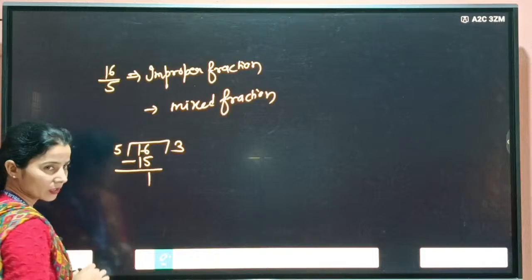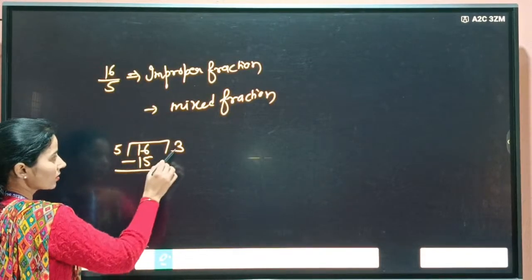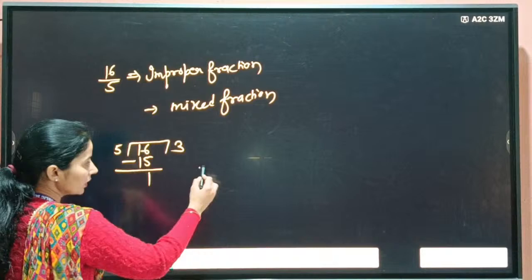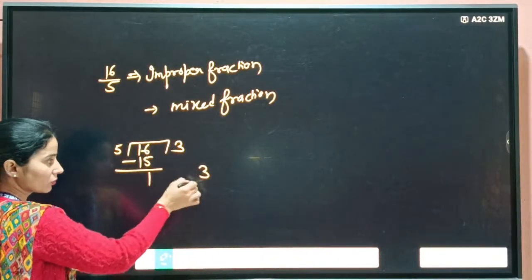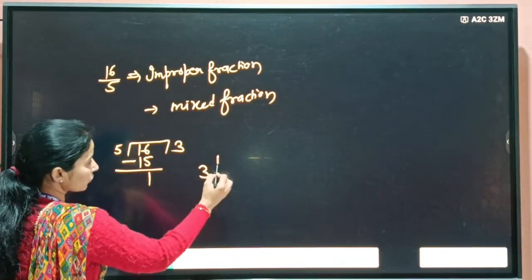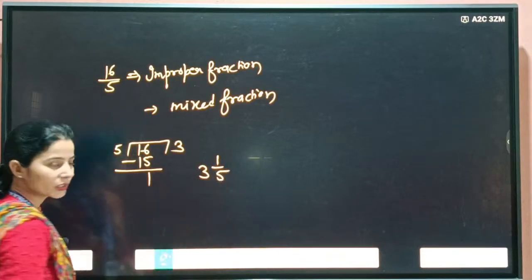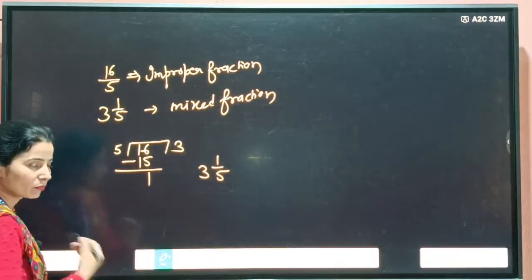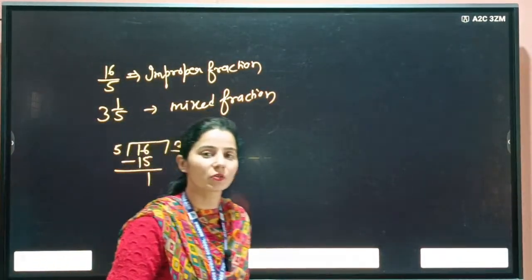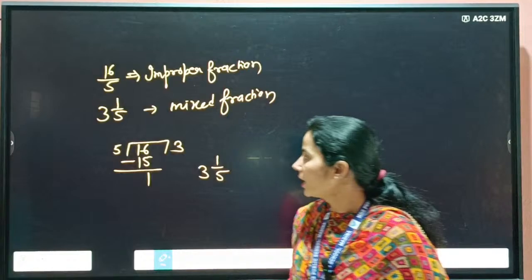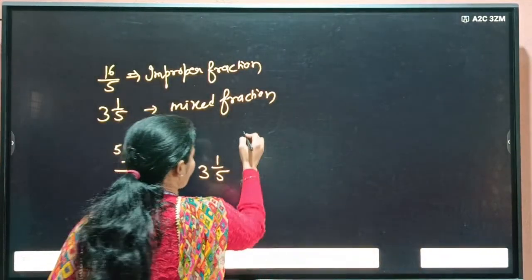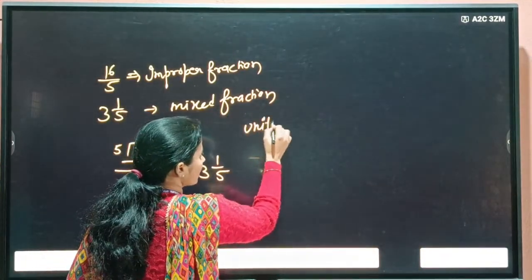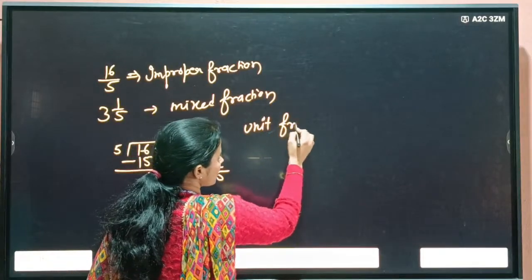Remainder is 1. This 5 is 3 times complete, so 3 whole. This remainder is 1 by 5. 3 whole 1 by 5. In this way, all improper fractions can be converted into mixed fractions. Next is unit fraction.